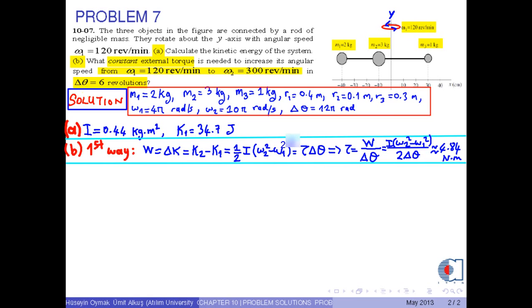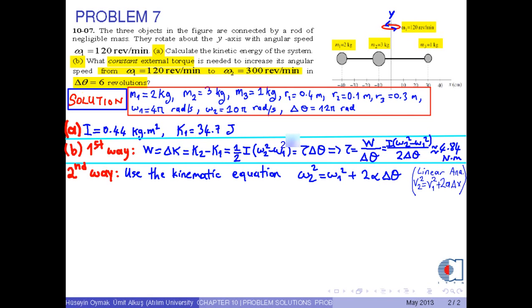Now, in the second way, we use the kinematic equation, that is omega 2 squared equals omega 1 squared plus 2 times alpha times delta theta. From this equation, we find an expression for angular acceleration as alpha equals omega 2 squared minus omega 1 squared divided by 2 times delta theta.